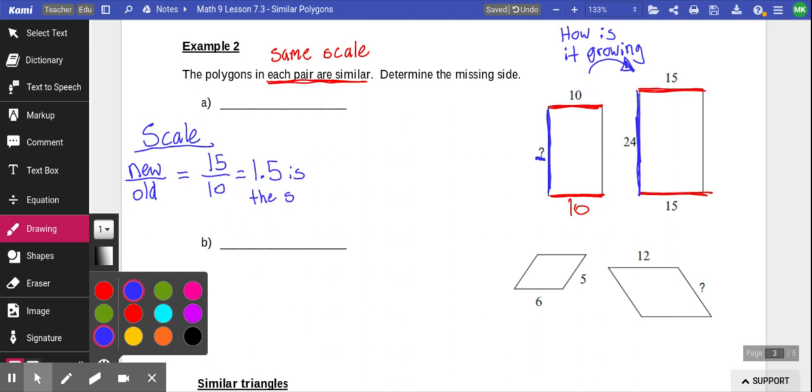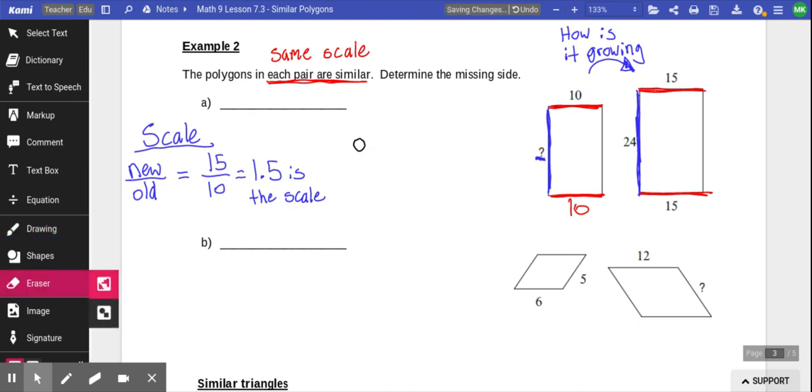Then I can use that scale to figure out what my missing side is. To do that, you use our formula, which would be your old side.